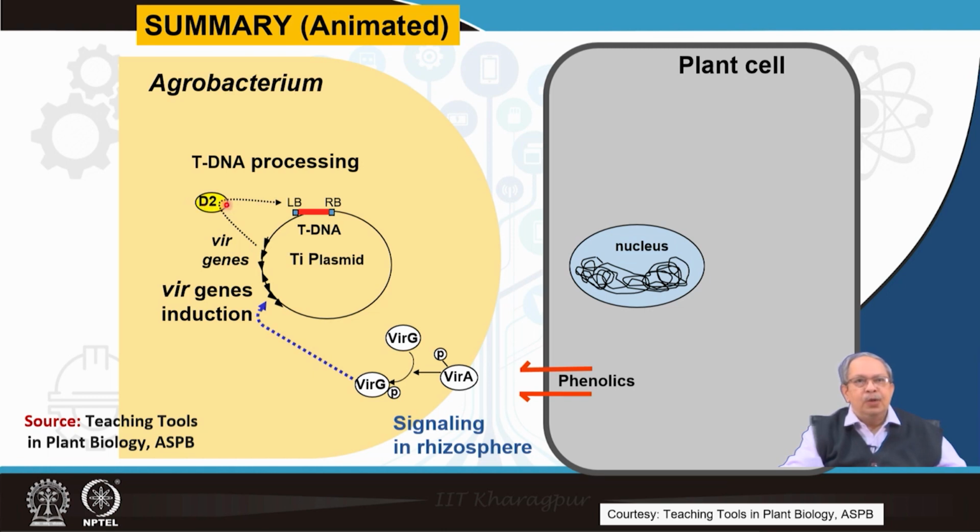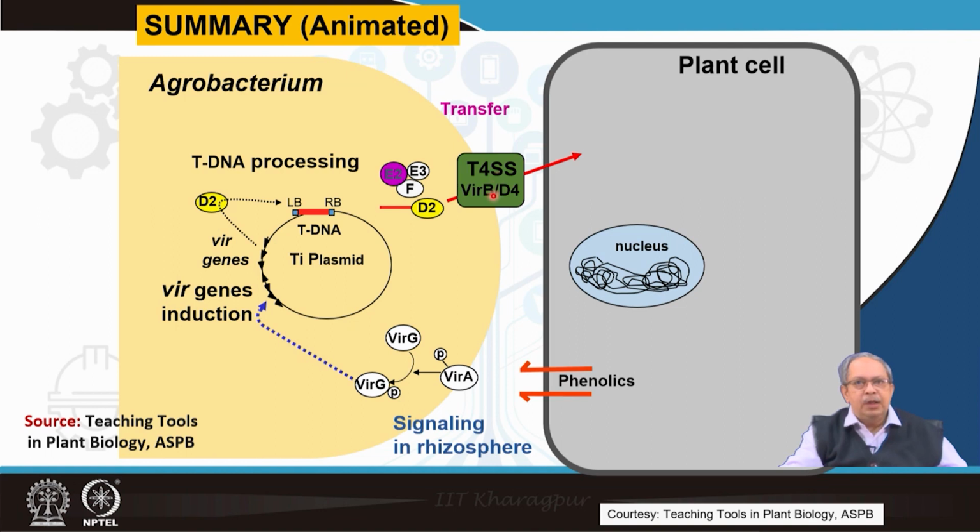So, D2 is important, as I said: once it cuts, it binds at the 5 prime end, and then other Vir proteins come into the picture. So, D2 and then E2, E3, F all play important roles in transferring the tDNA to move out from Agrobacterium and enter into the cells.